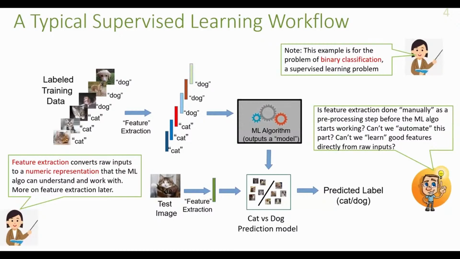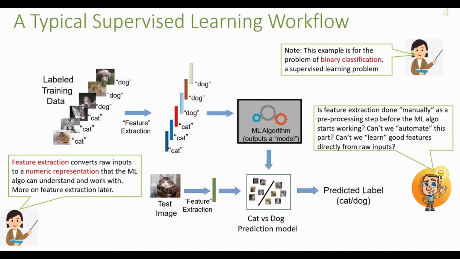Yes, very good question. There exist several methods. For example, if you are using a deep learning model, the model does this feature extraction part automatically. But if you are using a traditional machine learning model, for example a support vector machine or some other traditional model, then we have to extract these features manually, and there exist several manual methods also.